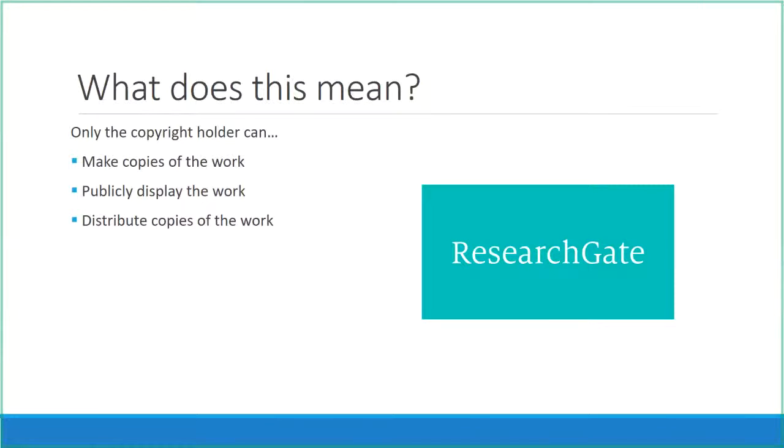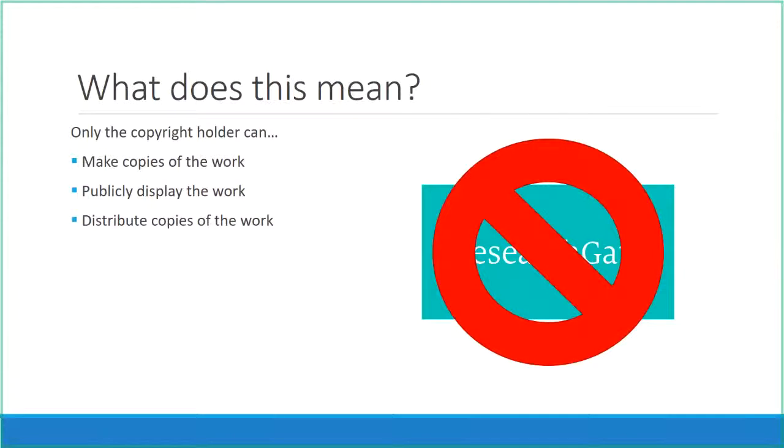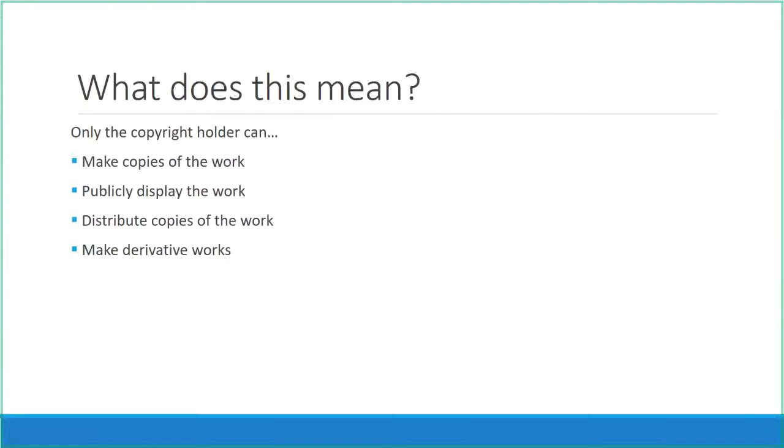Which means a lot of those papers you see on ResearchGate are really not supposed to be there. That's illegal. And this is a really extreme case, but in some cases only the copyright holder can make derivative works, aka build off your own research. Basically, in some, only the copyright holder can control how the work is used.